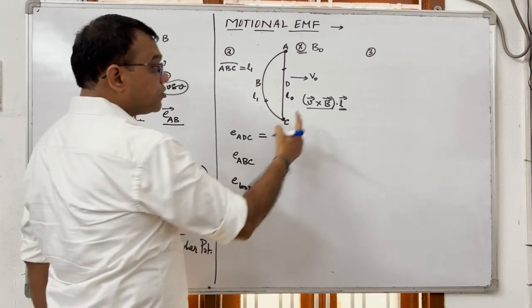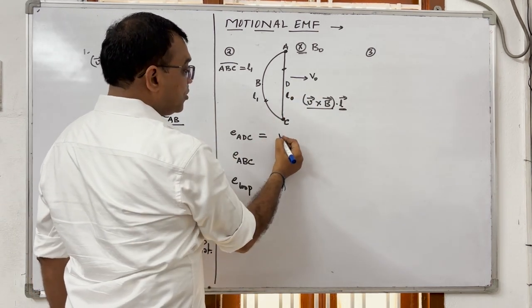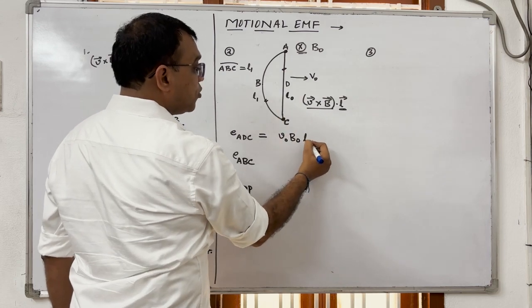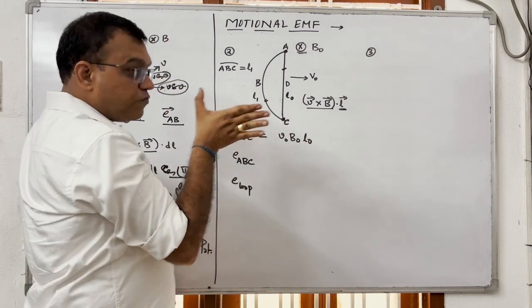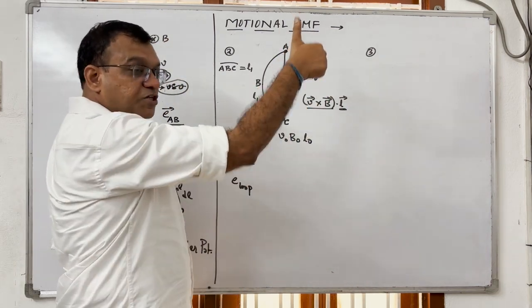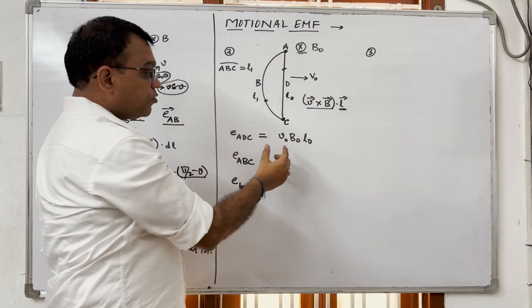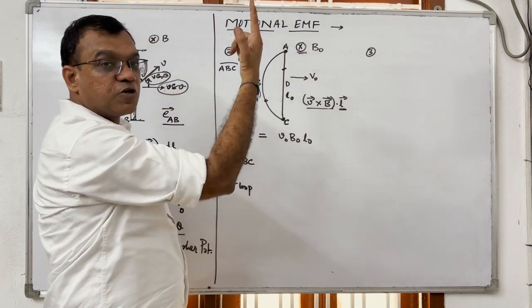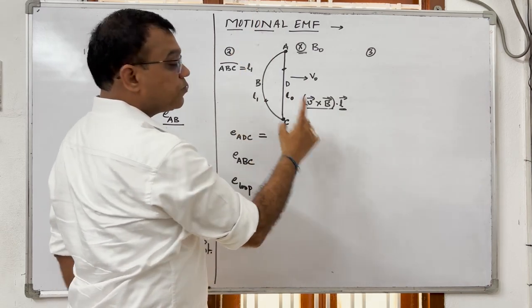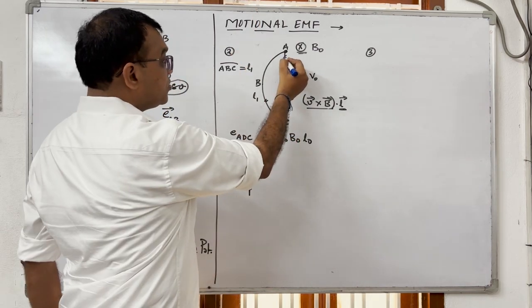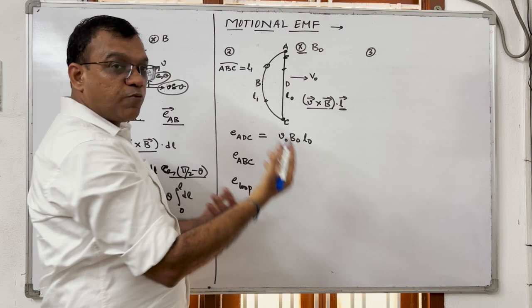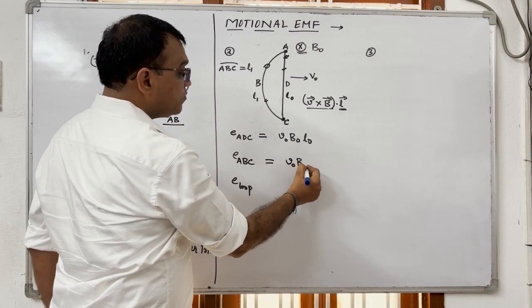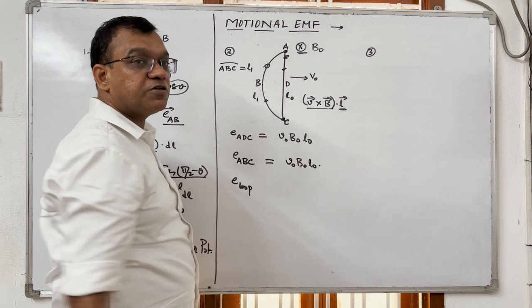Now what is V cross B dot dl? V0 cross B0 is in this direction, and this length is in the same direction, so the dot product is V0 B0 L0. Since both are the same, this comes out as V0 B0 L0.